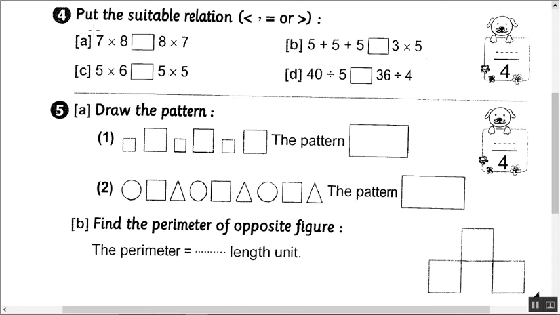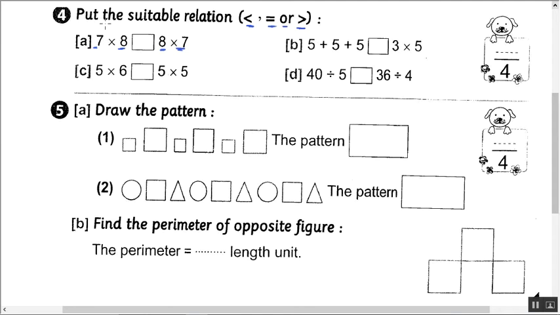Number 4 here, he said put the suitable relation: less than, equals, or more than. Question A, here he said 7 times 8, and here also on the other side we have 8 times 7.